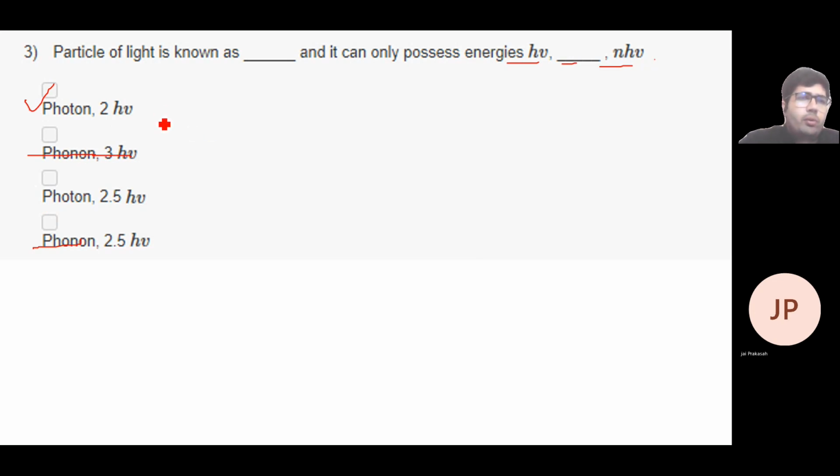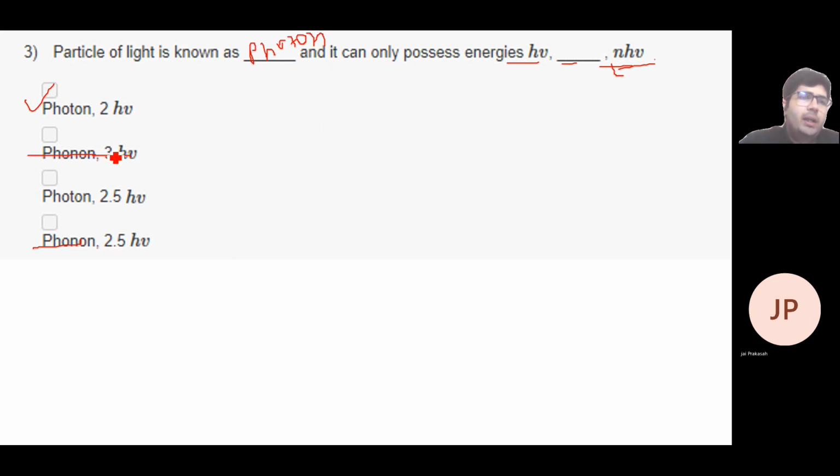So from these, one will be correct. The particle of light is known as photon, and it can only possess energy in n h nu, where n is an integer. So it can be h nu, 2h nu, 3h nu, 4h nu, like this only.